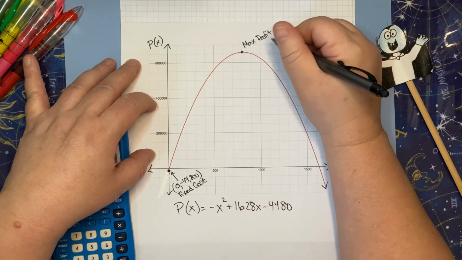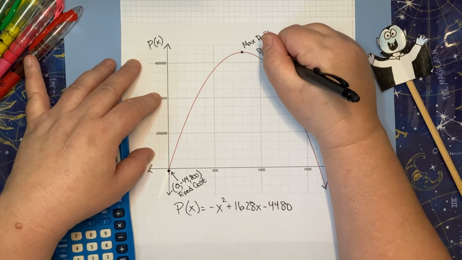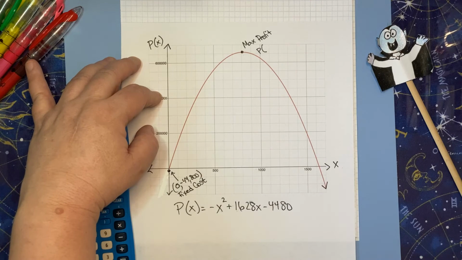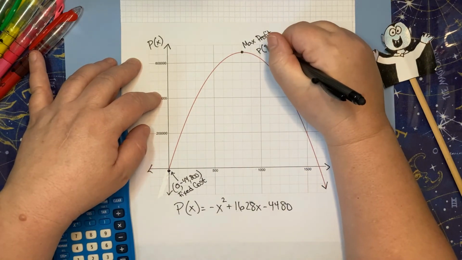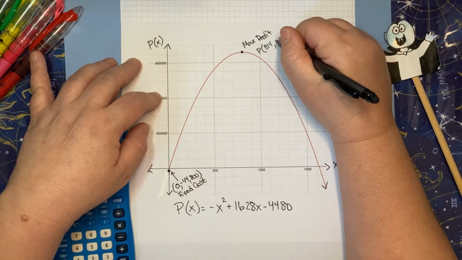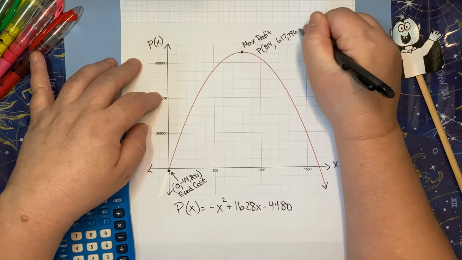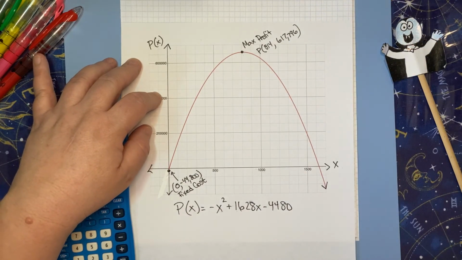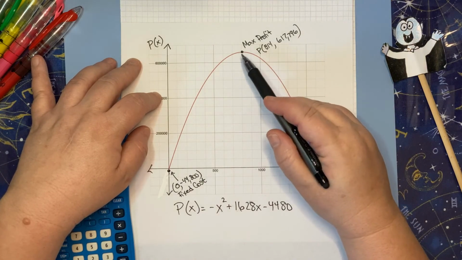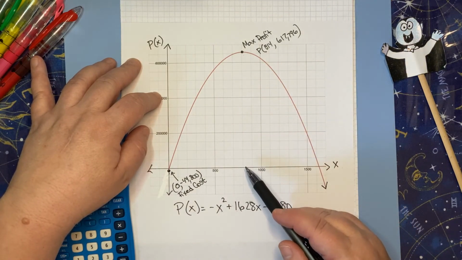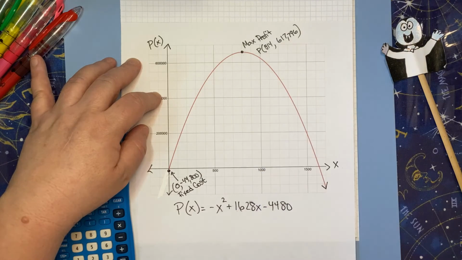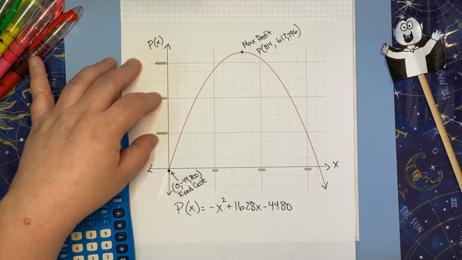Remember, the max profit was, oh my goodness, I have to look it back up. At 814 units, we're making 617,796. And you can kind of see this is at 814, a little bit more than 800. So the max profit is up there.